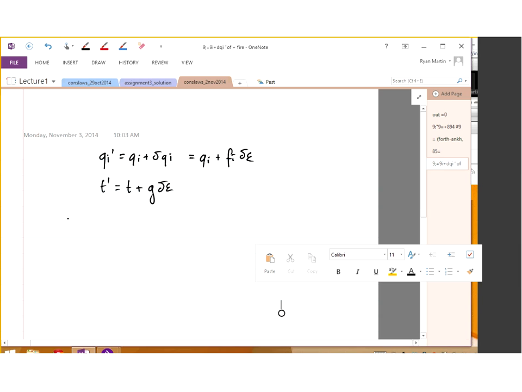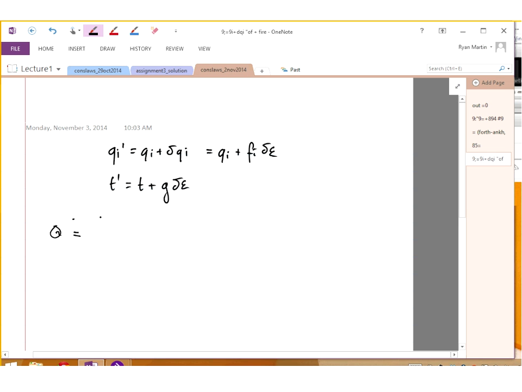Then I can write this conserved quantity Q, the big capital Q, as the sum from i equals 1 to n of the pi fi plus the sum from i equals 1 to n of pi qi dot minus L times g.